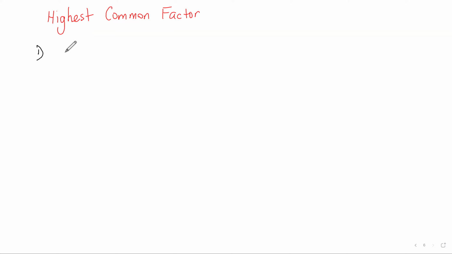So let's say we had to determine the highest common factor of these algebraic terms, right? We have a squared b to the power of 4 c cubed, so that's one term, and then a cubed b to the power of 2 c to the power of 4 and d to the power of 3. That's another term.